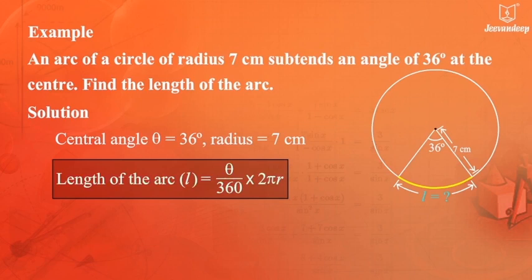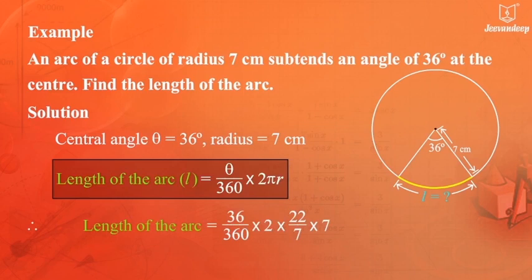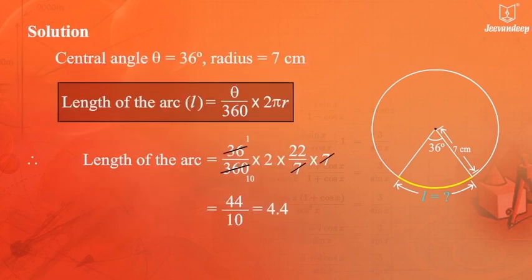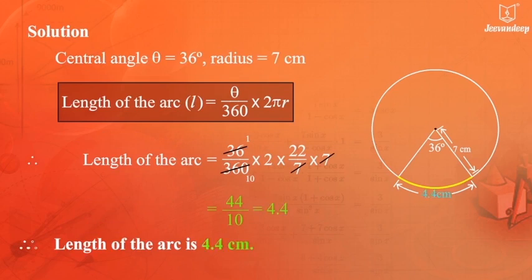Putting the values, we get length of the arc equals 36 upon 360 multiplied by 2 into 22 upon 7 into 7, that equals 44 upon 10. Therefore, length of the arc is 4.4 centimeters.